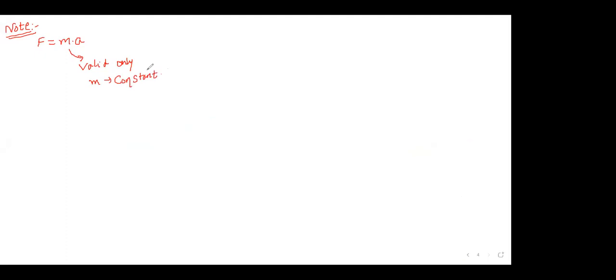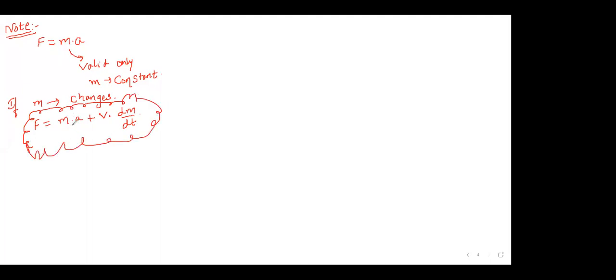If mass keeps on changing, what will happen? If mass changes continuously, then force is given by m into a plus an additional parameter, students, that is v into dm by dt. Please remember this.